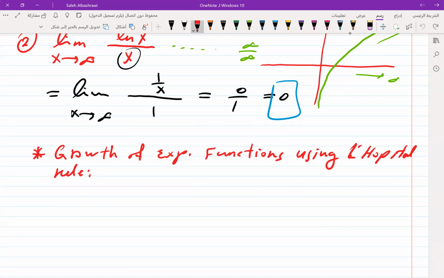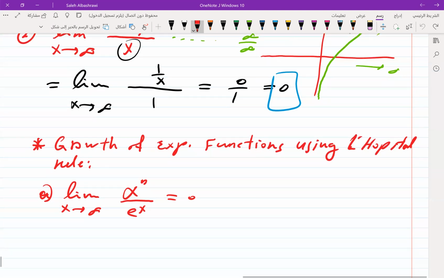The limit of x to power n divided by some exponential function, let's say e to power x, as x goes to infinity, is equal to 0. If the polynomial is divided by an exponential function, we say that the exponential function can grow or increase faster than a polynomial. So the limit of x to power n divided by e to power x equals 0.